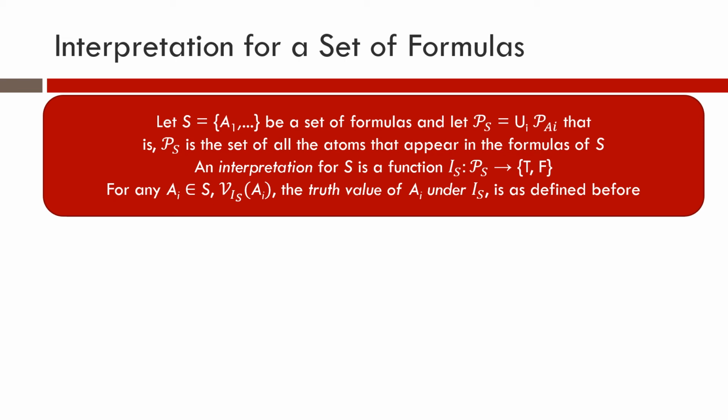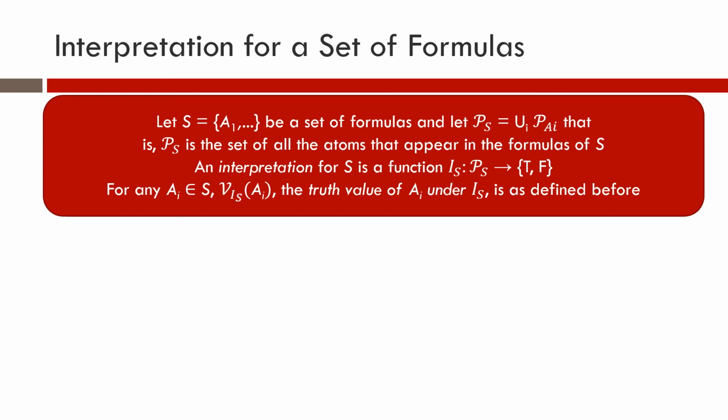So PAi is the set of atoms appearing in the formula Ai, and PS will be the union of PAi for all values of i. So PS is the set of all atoms that appear in the formulas of S. An interpretation for S will be a function which maps one of the truth values to every atom in PS. And all the truth value interpretation will be the same as what we had discussed.